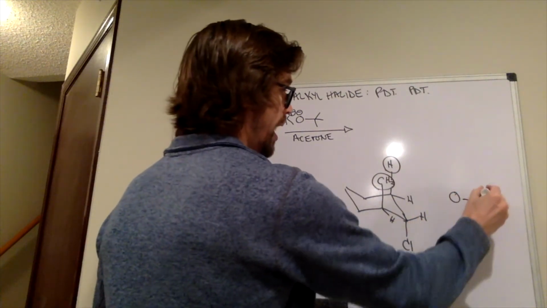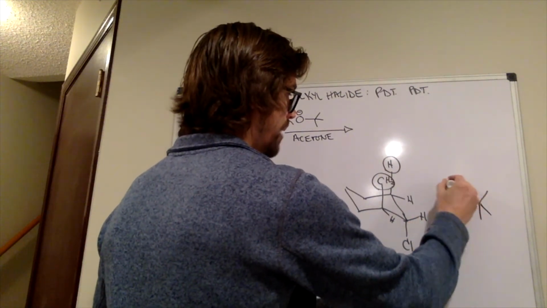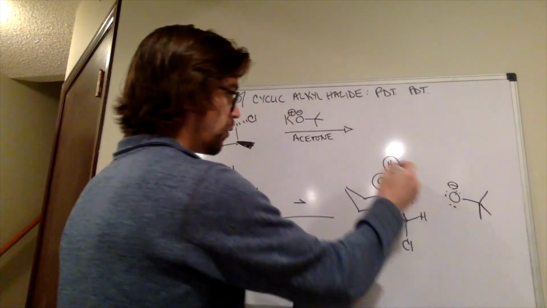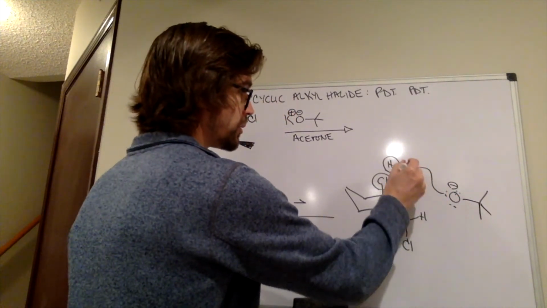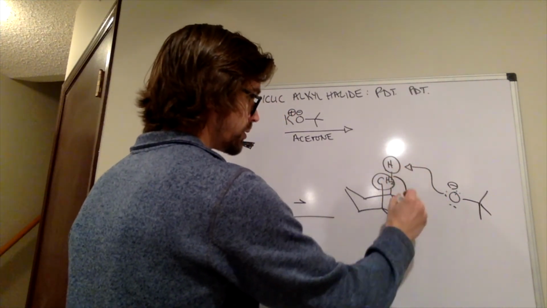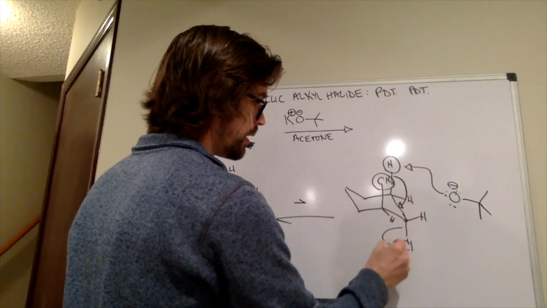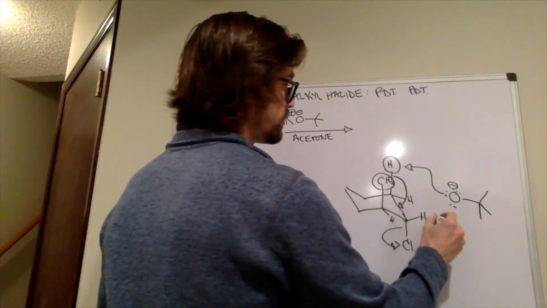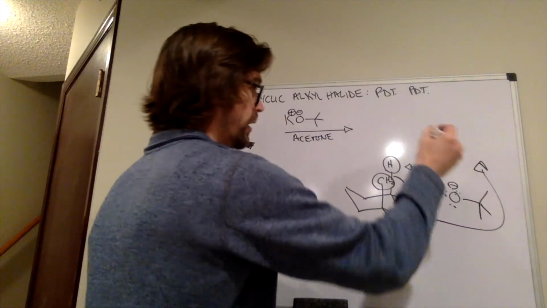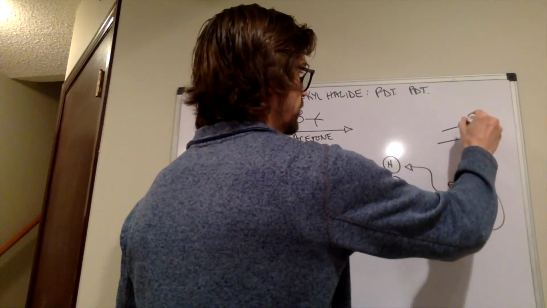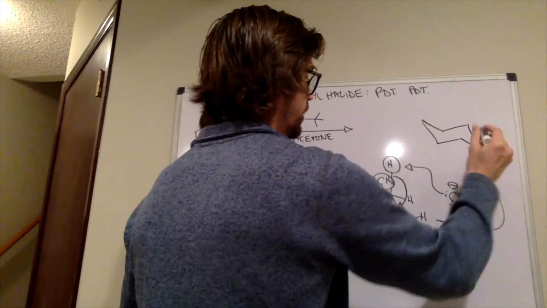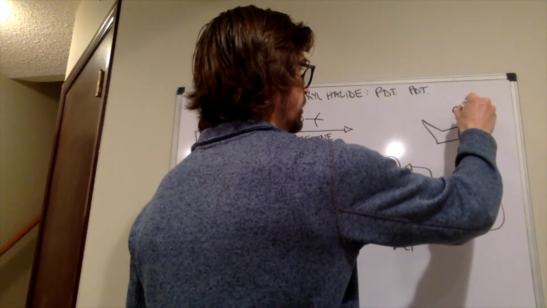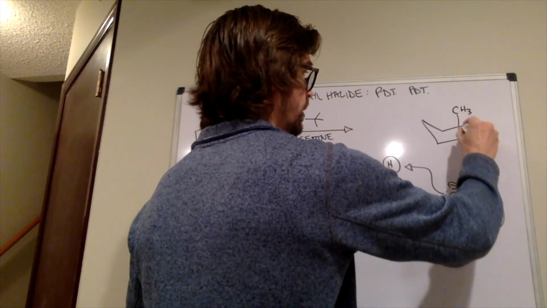So essentially what happens is that base can only pull off that proton, so that's what it's going to do. Those electrons are going to come down, form a double bond there, chlorine leaves, and that produces, and I'll actually initially draw it as the chair structure, a double bond there.